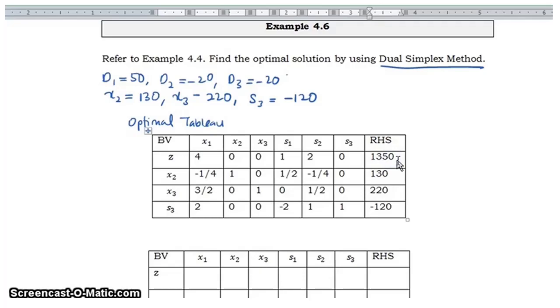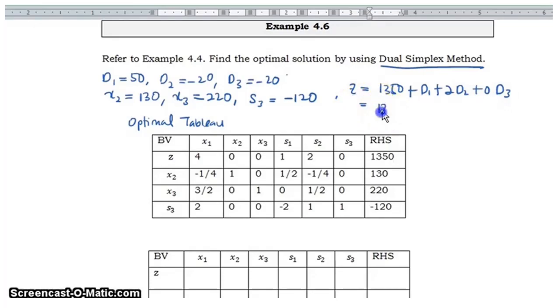And for the right hand side, by using the dual price, the equation of z is 1350 plus d1 plus 2d2 plus 0d3.